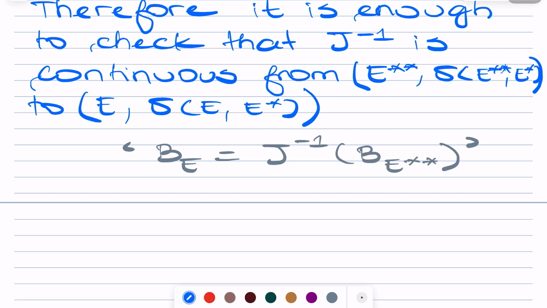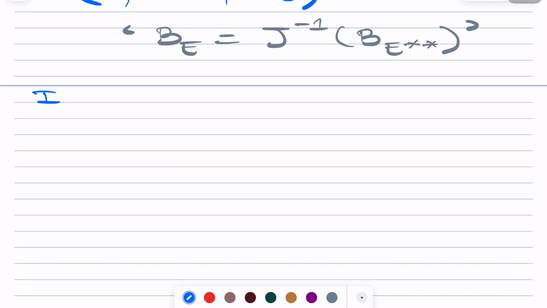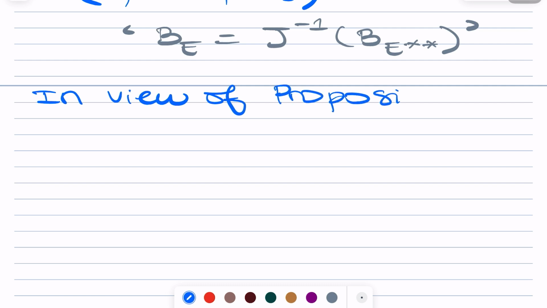So again, in view of proposition 3.2, right, in this proposition, I think we stated this when we talked about the weak topology. So I strongly invite you to watch the video on the weak topology. I will put the link definitely, right, upper right corner of the screen.